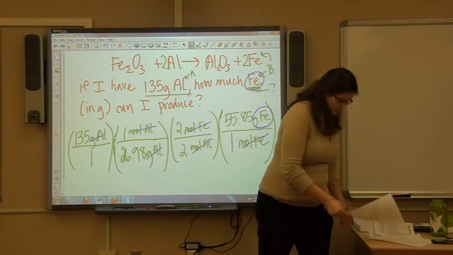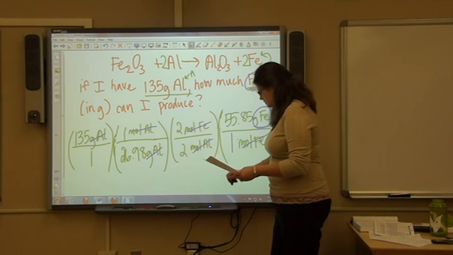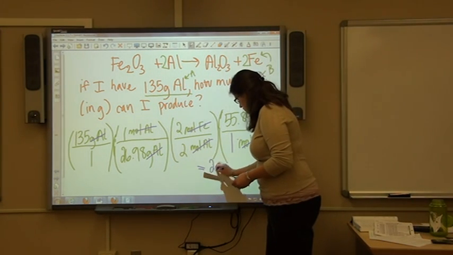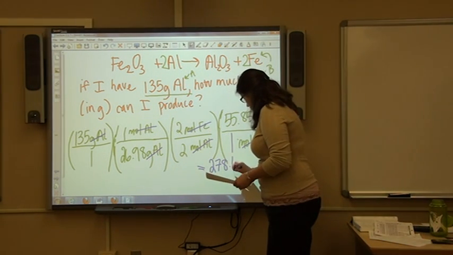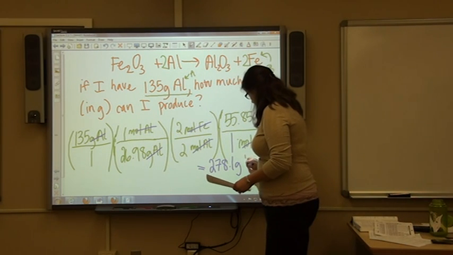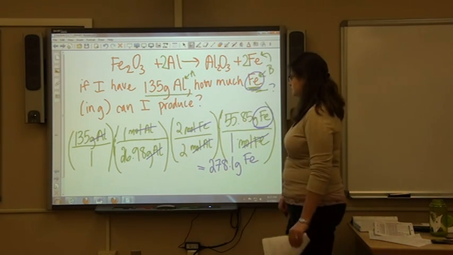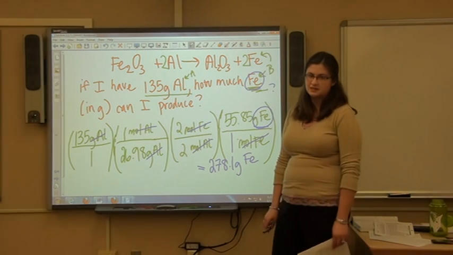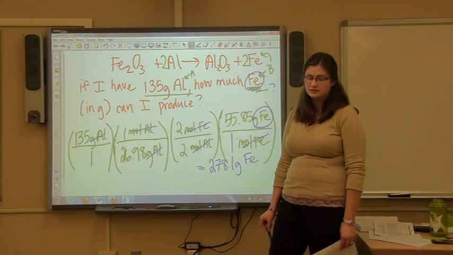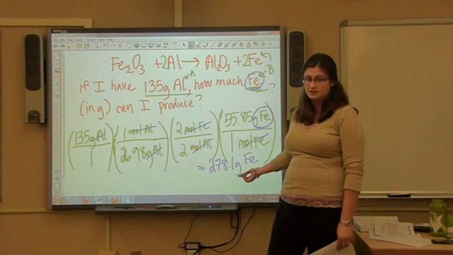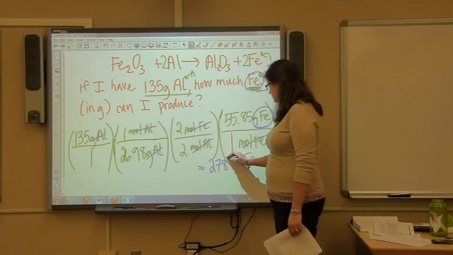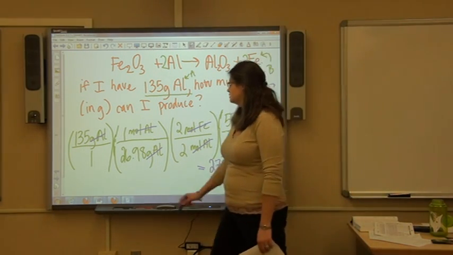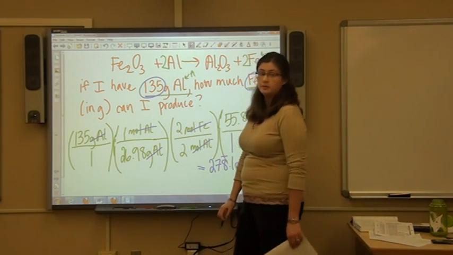So after you do the math, as long as you get this as an answer, 278.1 grams of iron, or something close to that, you're correct. How many significant figures should you have? If you answered that this is right, you're wrong. You need to have 3 because you have 3 here in your problem.